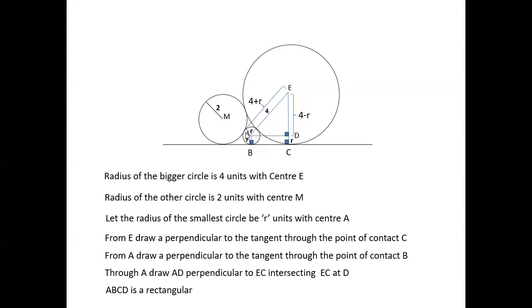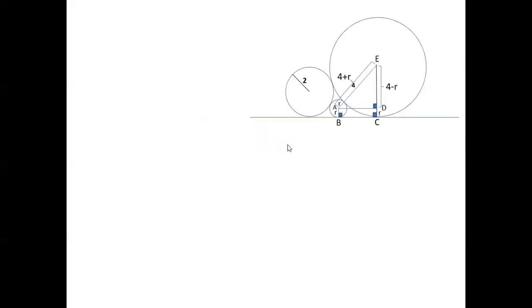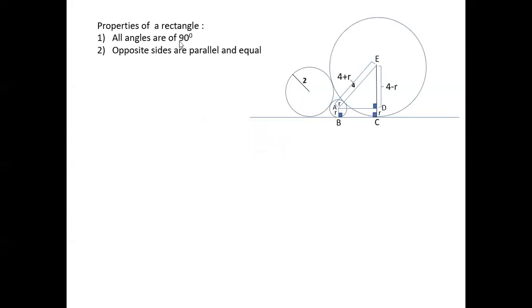Now when I say that ADE is a right angle triangle, we have to find the length of AD. To find the length of AD, we try to use the Pythagoras theorem. I said this is a rectangle, so let us see what the properties of a rectangle are.